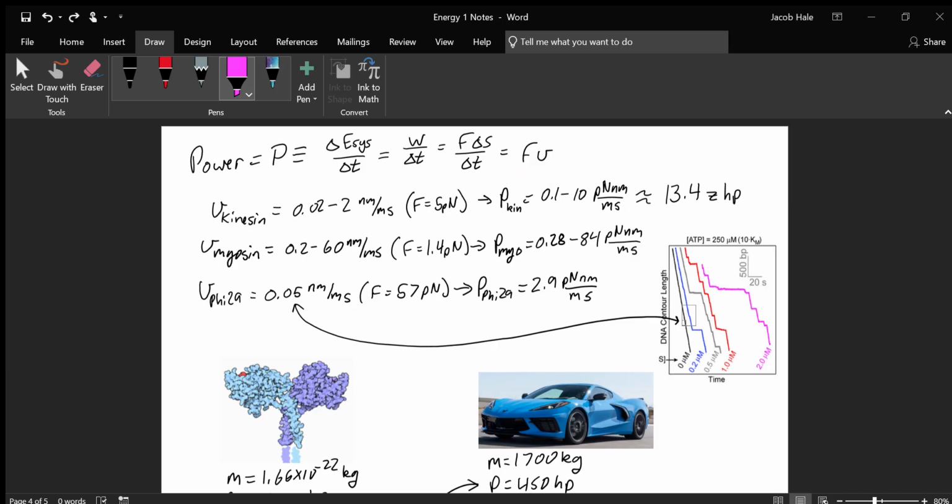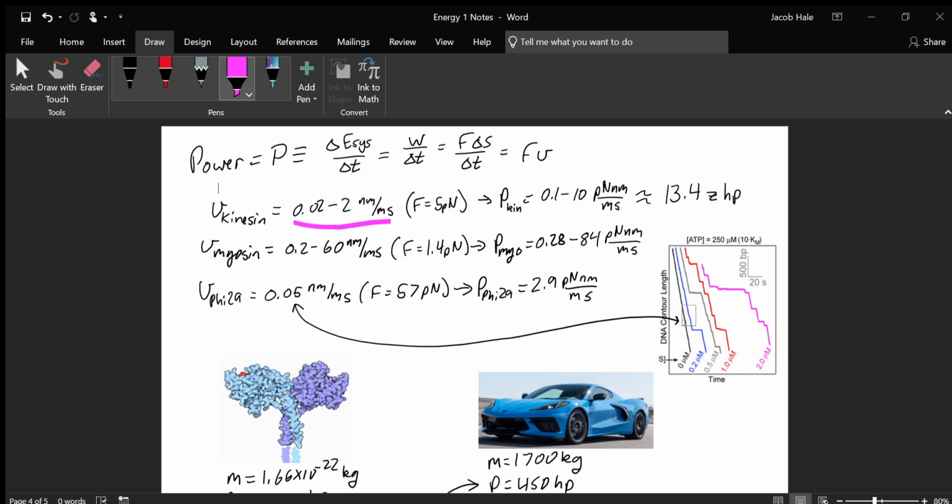Now, how do we apply this? Looking back at some of our examples, kinesin. If you look up its velocity, how fast it moves along a microtubule, it's about 0.02 to 2 nanometers per millisecond.